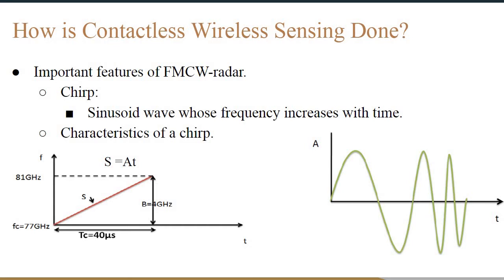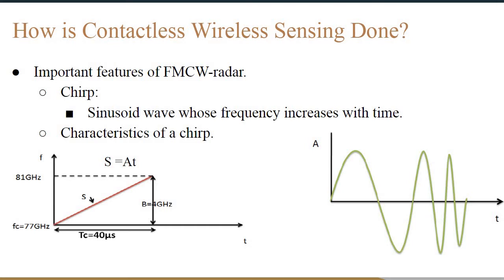As can be observed from this figure, the chirp starts as a sine wave with a frequency of, say, Fc, and gradually increases its frequency until it reaches about Fc plus B, where B is the bandwidth of the chirp. Hence the frequency is modulated, and this is mostly what is meant by frequency modulated continuous wave.